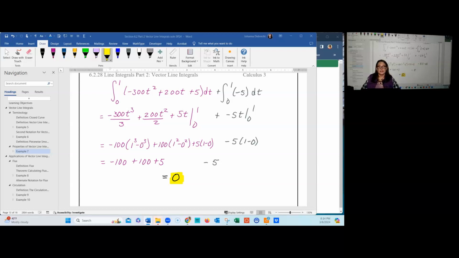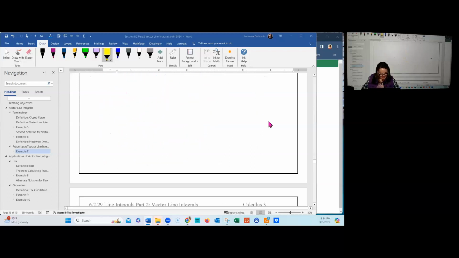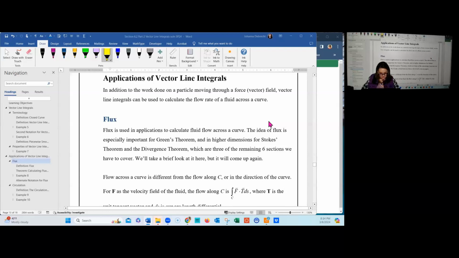The next thing we want to look at are some of the applications of vector line integrals. We're going to start by discussing what's called flux. Flux is used in applications to measure the amount of fluid flow across a curve. Let's go ahead and draw a curve up here so we can think about what is happening.